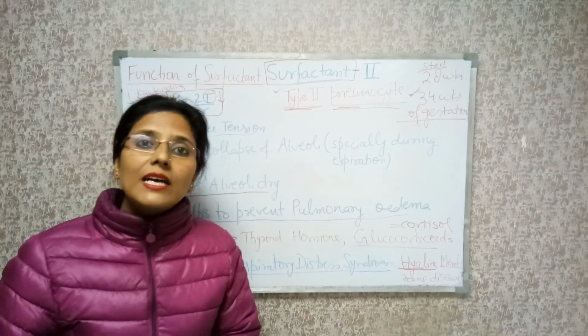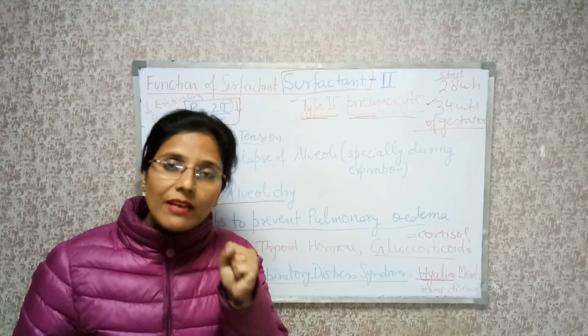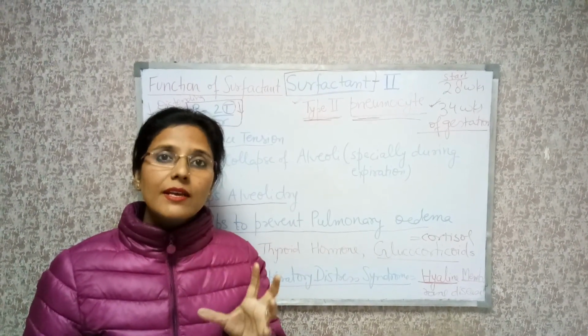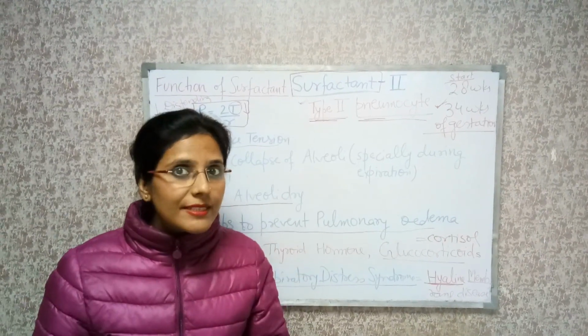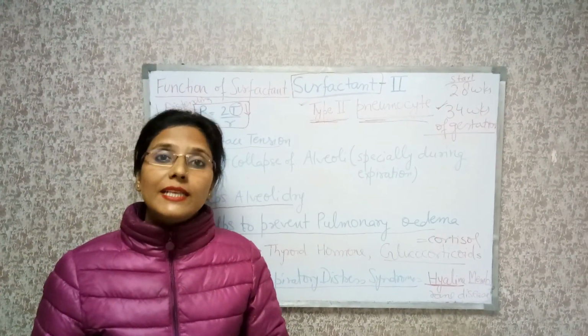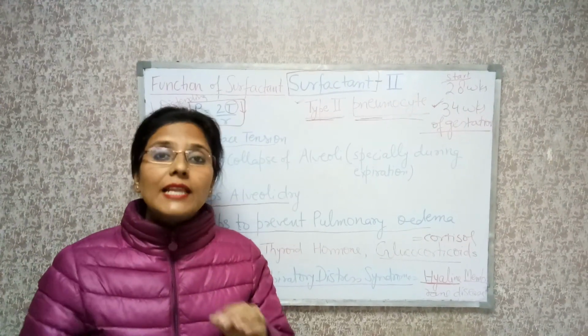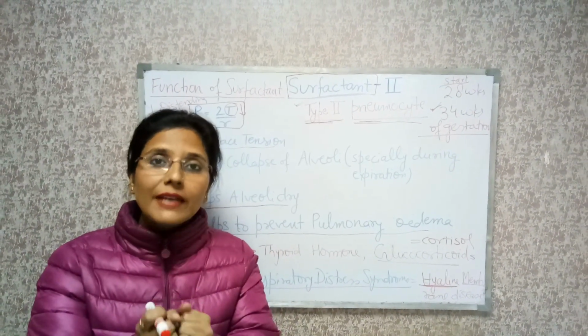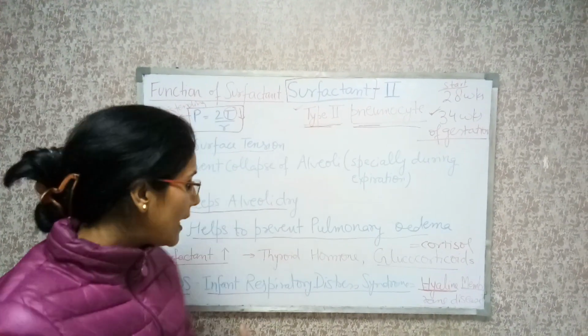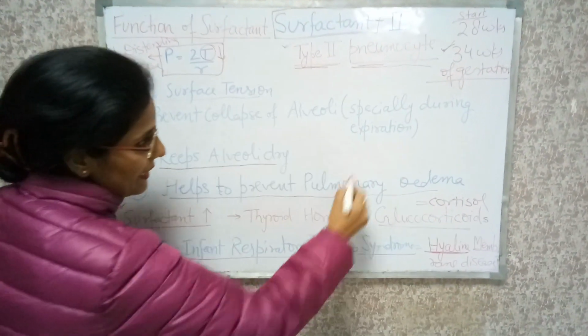In those babies there are chances of collapse of the alveoli, especially during expiration, so they have respiratory difficulty. Also there is patchy atelectasis, where alveoli become collapsed, permanently collapsed, even destroyed, and that is known as atelectasis.